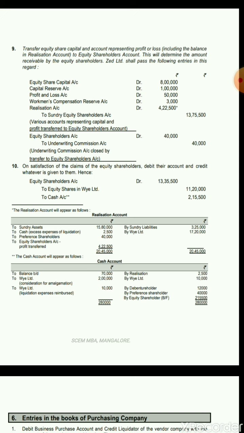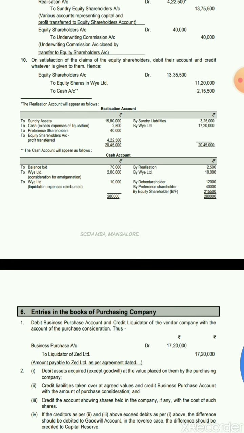So 11,20,000 would remain the same and the difference would be cash. So that is 2,15,500. So this entry is being passed for discharging the purchase consideration which is due to the equity shareholders. Even you can open the cash account as well. If you could see the cash account, then you would end up getting 2,15,500.